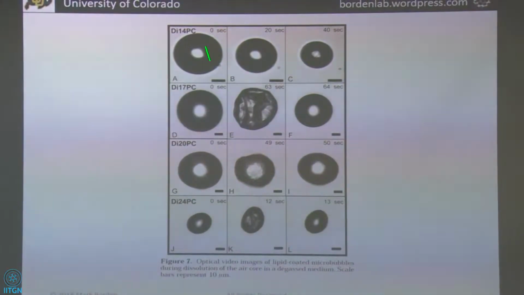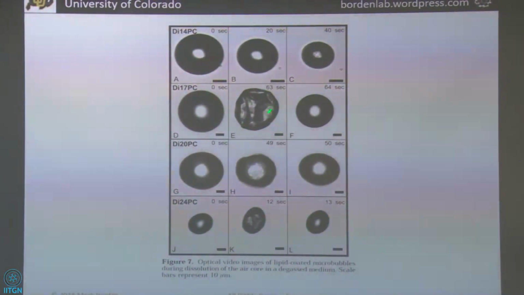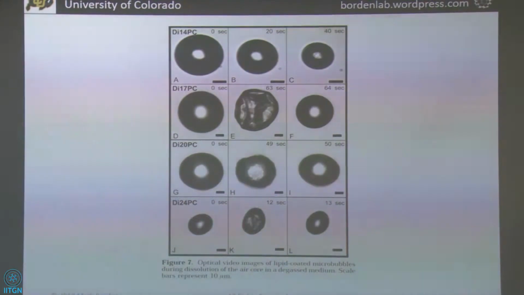Okay? But as we increase acyl chain length, so C16 was like this, but C17 we saw these folds, these drastic kind of crumpling and folding. But they would restore a nice spherical shape. And as we continue to increase C18, we would get some crumpling, and it would smoothen, but it wouldn't smooth to a nice spherical shape.